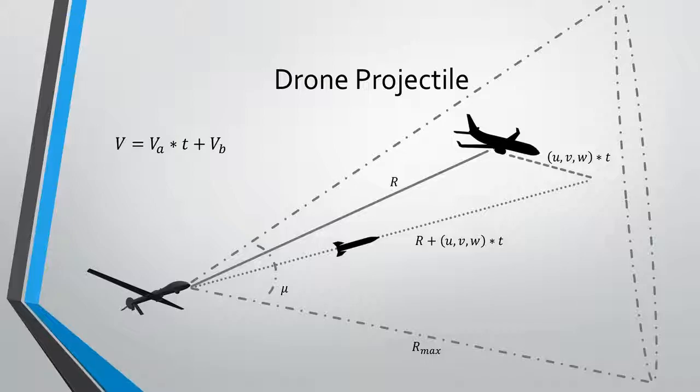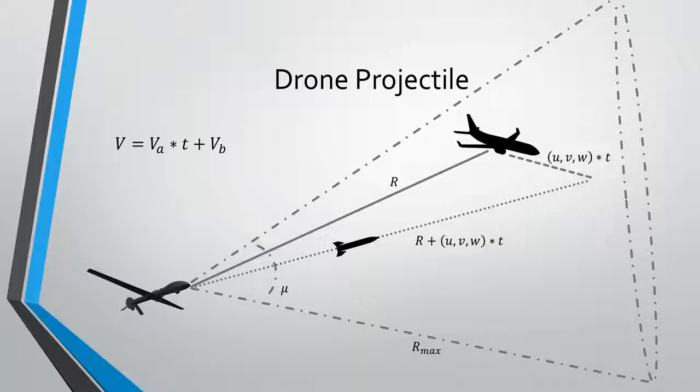It's an iterative process: initially it says, it will take this amount of time for the missile to travel R. Then, when the missile travels R distance, the target plane will have moved U, V, and W times T in that direction.